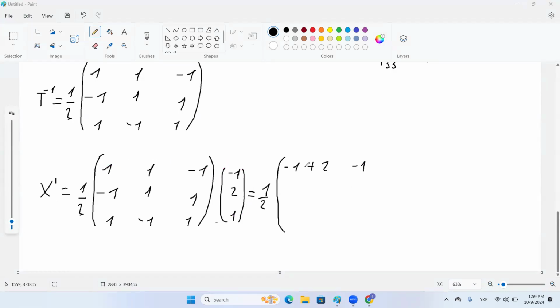So maybe it can help you better understand matrix multiplication by a vector. -1 minus 2 plus 1.